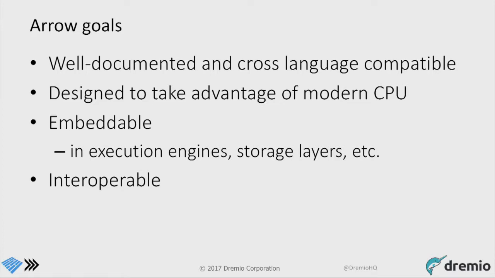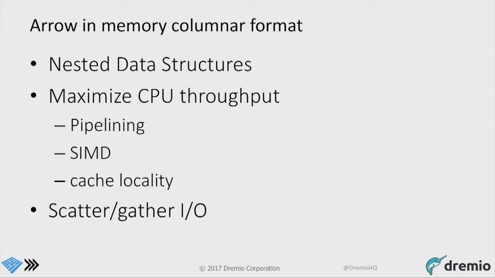And so it's embeddable and interoperable. Like Parquet, it supports nested data structures, and I will show an example to show how it works. And it maximizes CPU throughput. So there are 3 main properties here that it optimizes for.